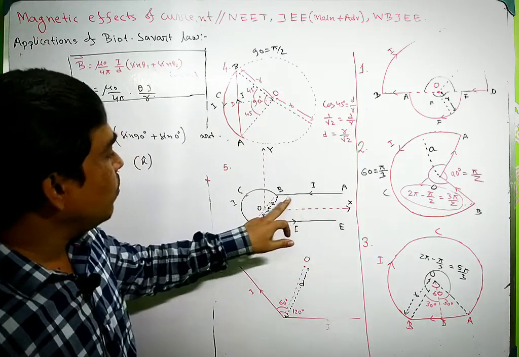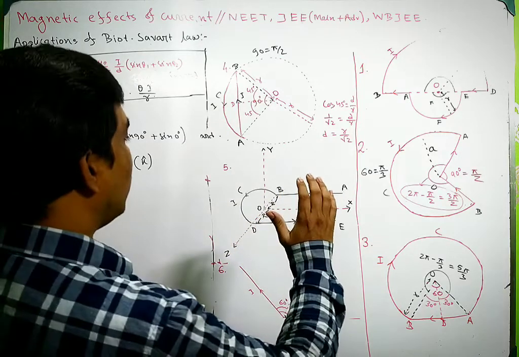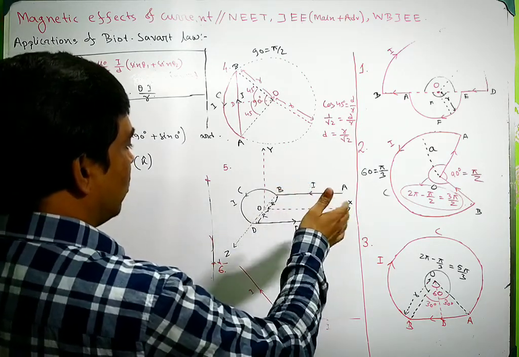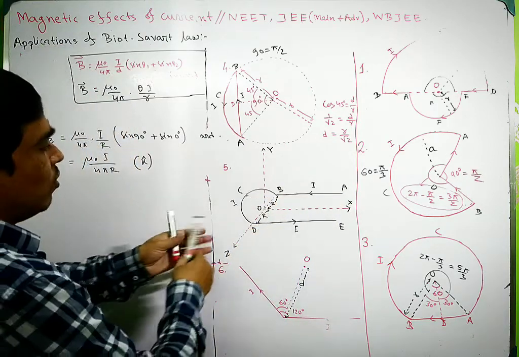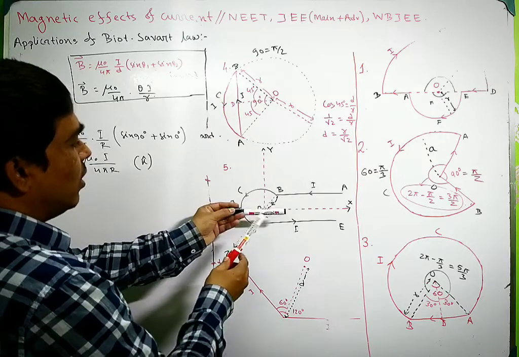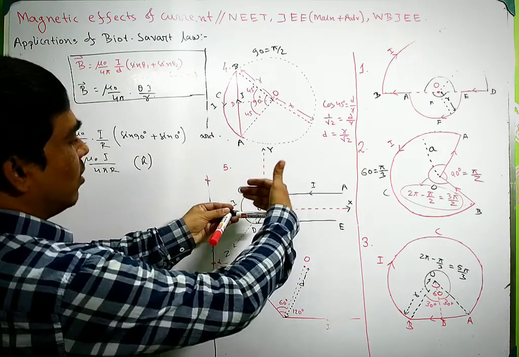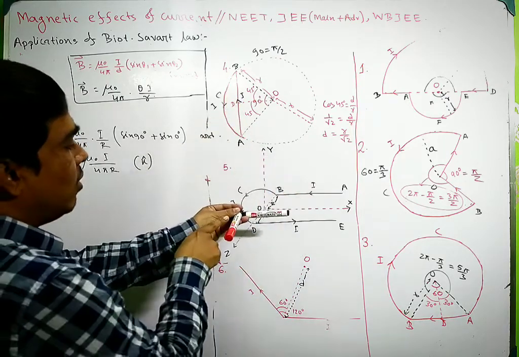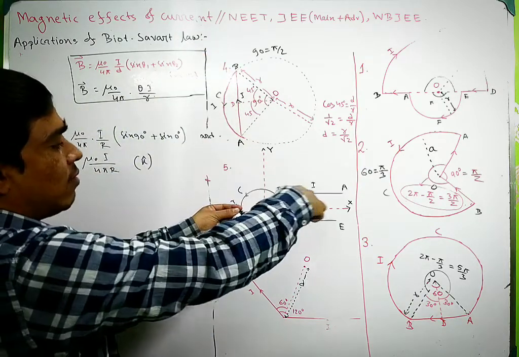This is AB, and this is the current I and this is D. The direction is y cap, not z cap. This is the z axis, this is the y axis, and this is the x axis.